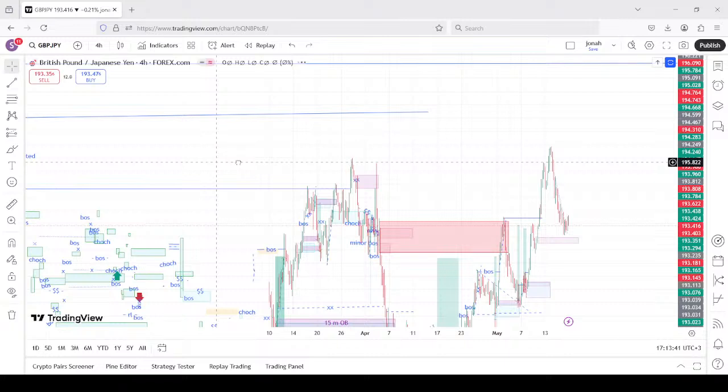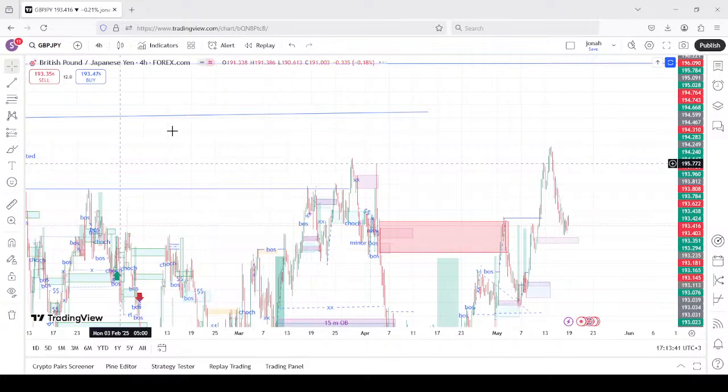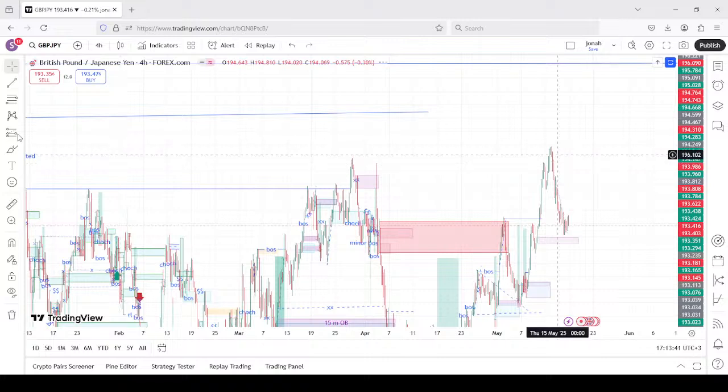On the higher time frames, there is a fair value gap from this point in this zone right here, above this previous high that price last touched. It's the one I wanted to show you, but it's failing to download.